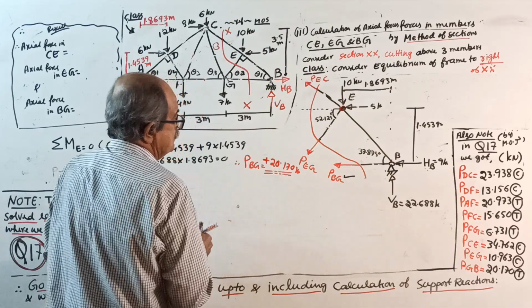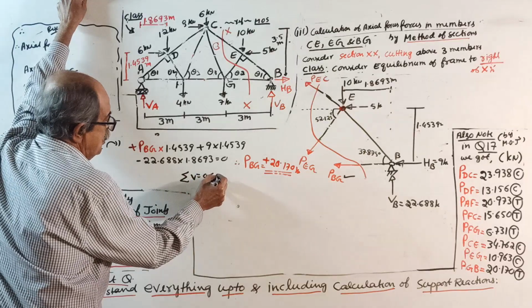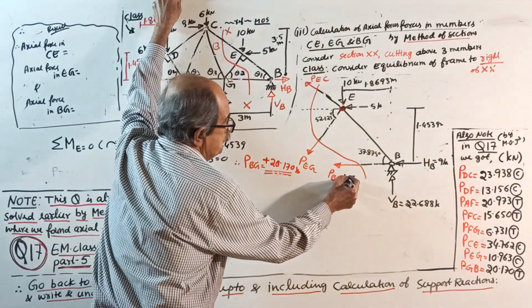Okay, this is also over. Then sigma V equal to 0, take upward positive. This is already known for you now.